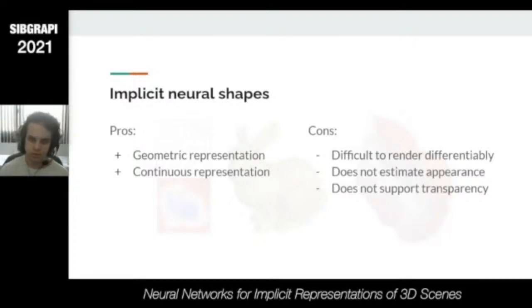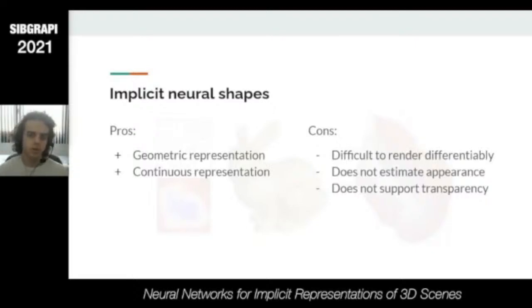Training implicit surfaces usually relies on volumetric data, so either points in 3D space or images with depth attached, or some sort of approximation of the depth. And while you can train these representations directly from images, it's a very difficult task. It's not very straightforward at all.